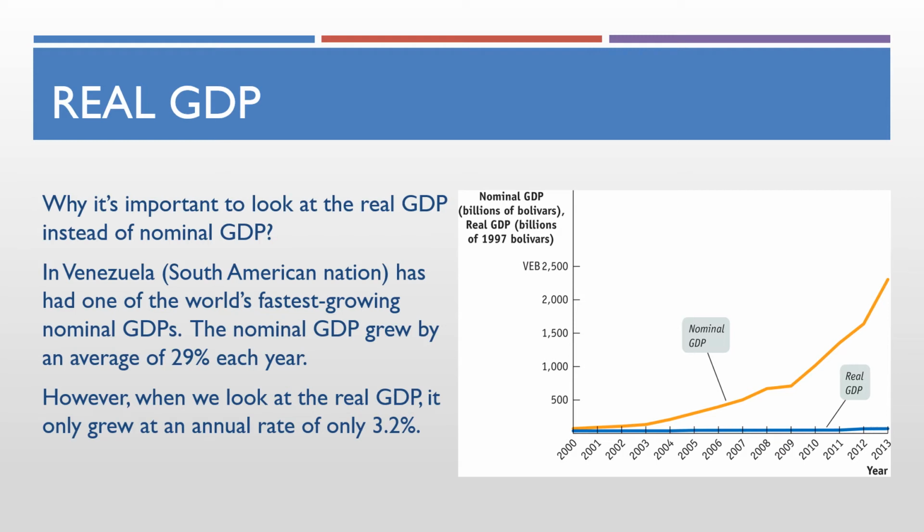Therefore, if you are misunderstanding the comparison of the two, or you are confused about the nominal GDP and real GDP definitions, when you're reading journals or articles, it's very easy to get confused about what is being presented. So again, the problem in Venezuela is high inflation during this time period. And that drives the nominal GDP really, really high, even without producing more goods, because the prices keep going up and driving the value of every good higher.